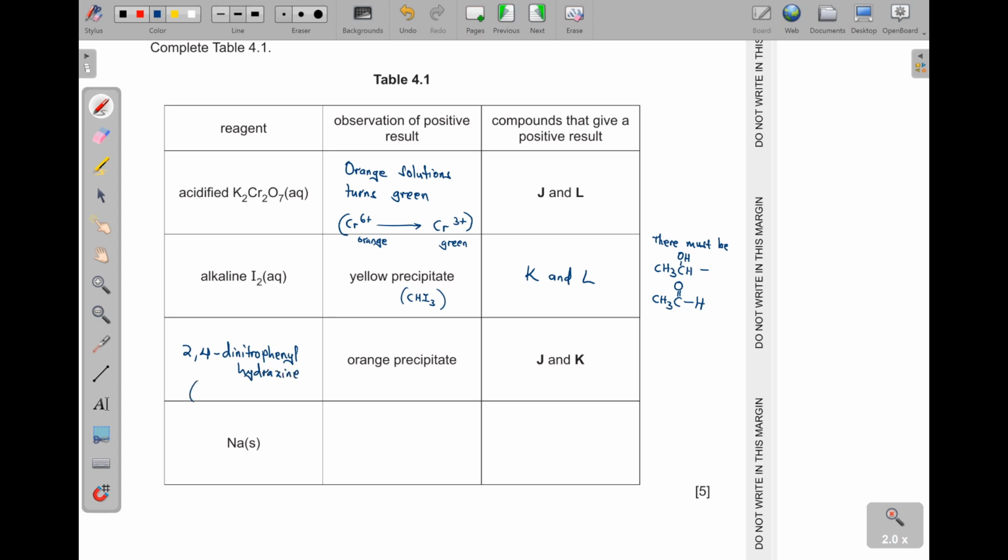Sometimes you can abbreviate it to 2,4-DNPH. Even that one is marked. Then sodium.